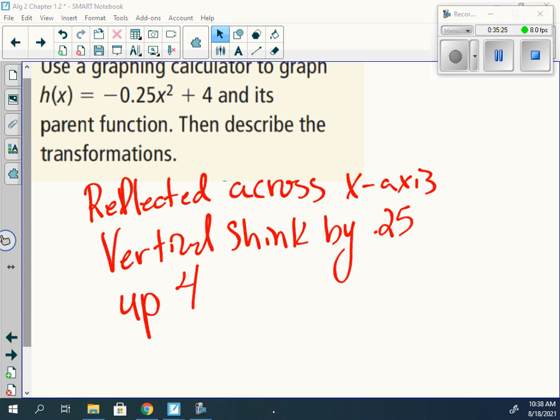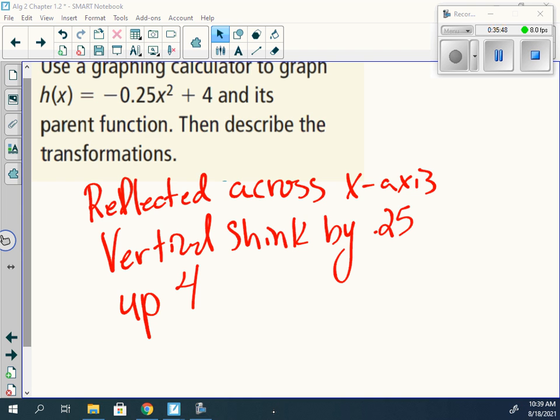What this is really dealing with is a changing of the input. Anything inside the parentheses is really changing the input value.